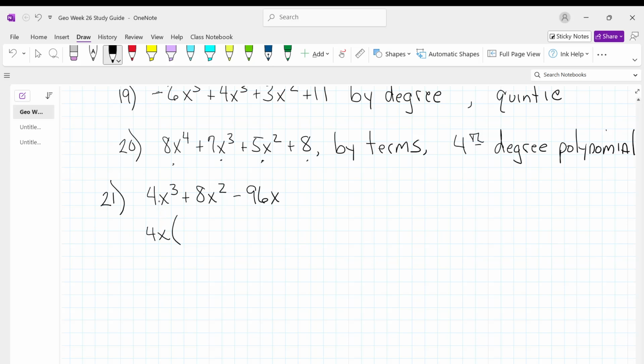So 4x into 4x to the third goes x squared. 4x into 8x squared goes 2x. And 4x into 96x, 4 goes into 96 24 times.